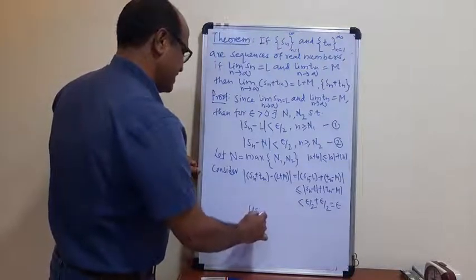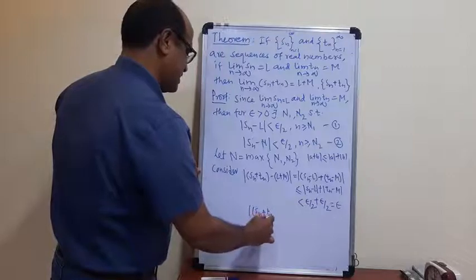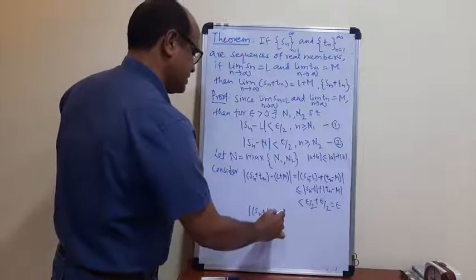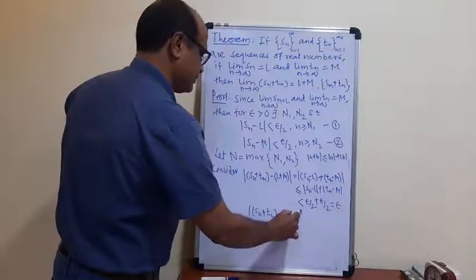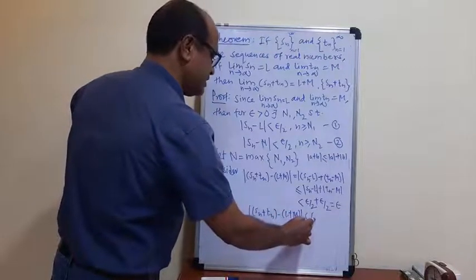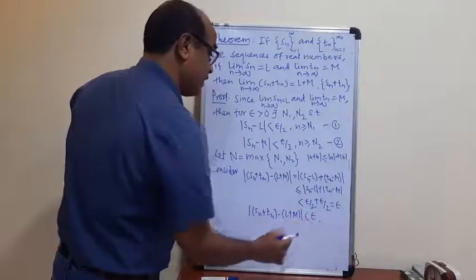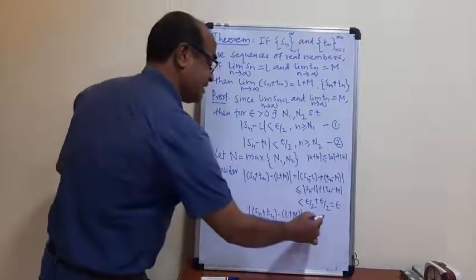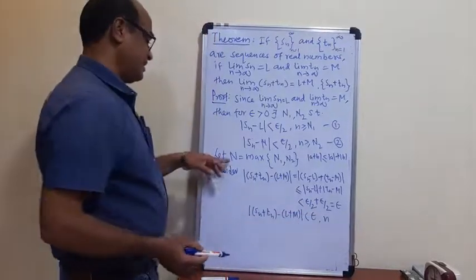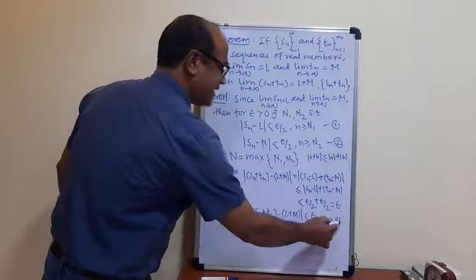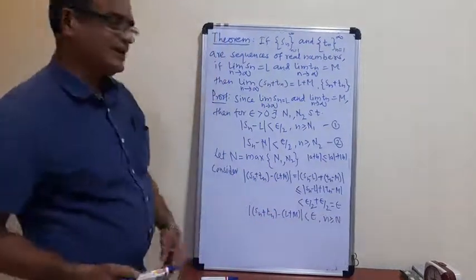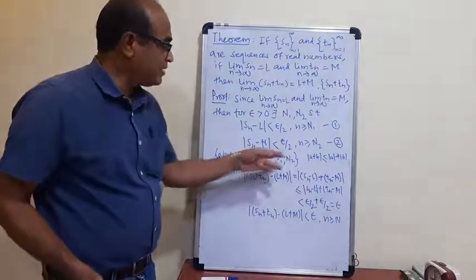Therefore mod of Sn plus Tn minus L plus m is less than epsilon, where n is greater than or equal to capital N, because capital N is the maximum of n1 and n2.